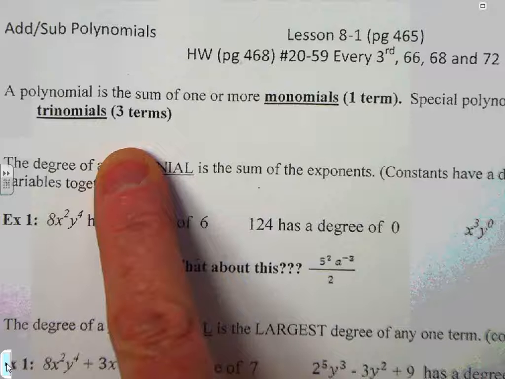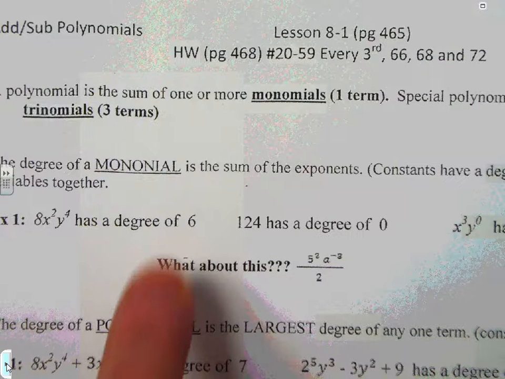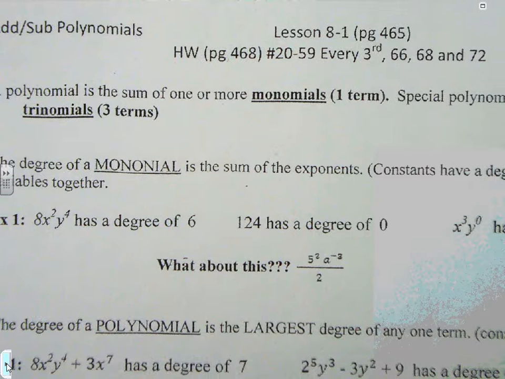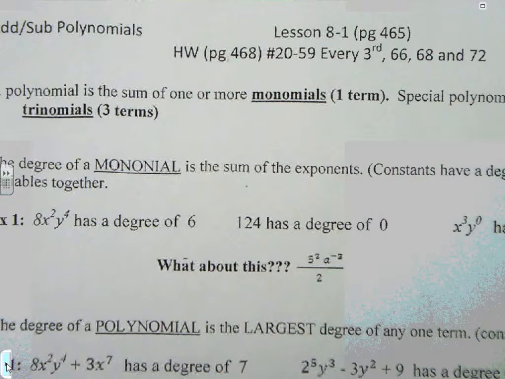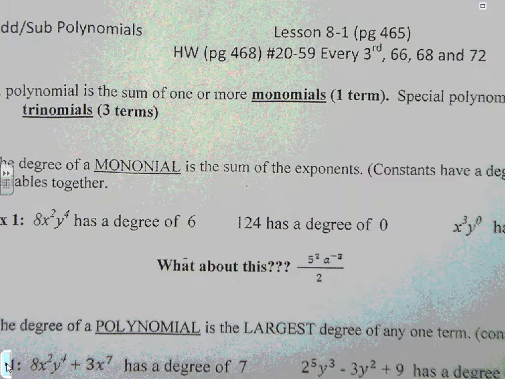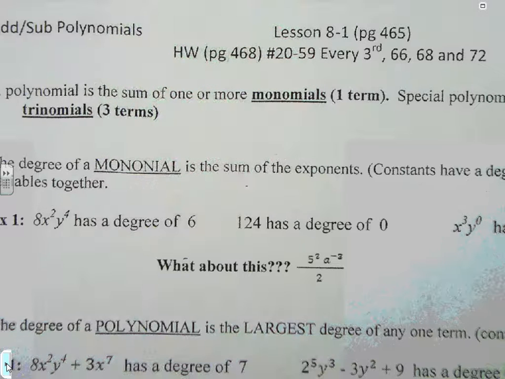These are the special ones. So you have a single term, which is a monomial, a two-term, which is a binomial, a three-term, which is a trinomial. If it has more than three, we just call it a polynomial. After three, everybody's lumped into the big generic polynomial group.